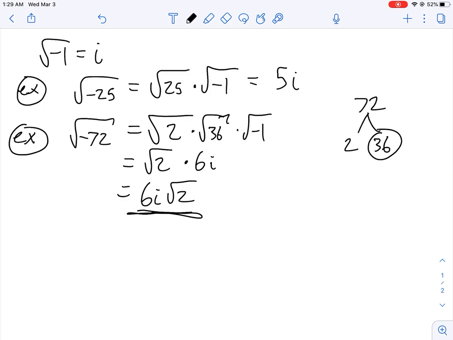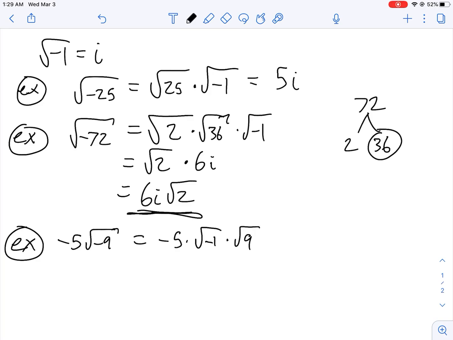We could have things already multiplying in front. For instance, we could have negative 5 times the square root of negative 9. That's negative 5 times the square root of negative 1 times the square root of 9. Negative 5 times i times 3.